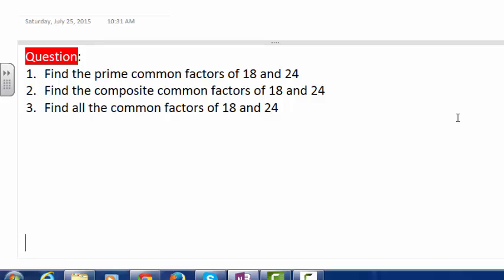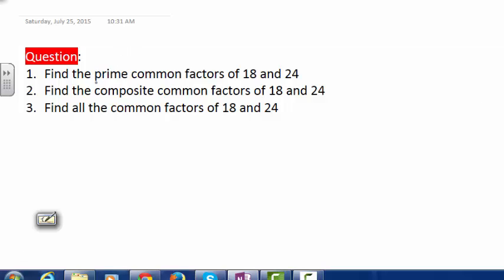Each question is different from the other. Where are the key words here? The first one, the word prime, be careful. The second one, composite. The third one, all. So they are different. So find the prime common factors. Common means that it exists in both numbers.